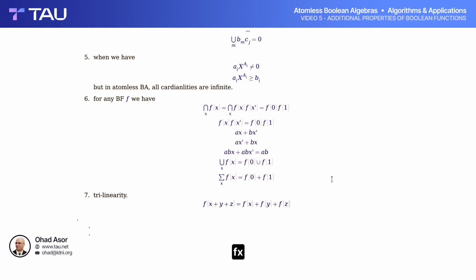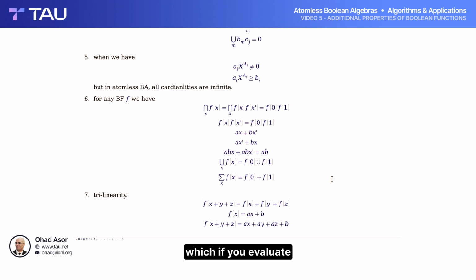Then f(x plus y plus z) equals ax plus ay plus az, and if you evaluate this, you will see that b is added with itself twice. When it is added with itself twice, it becomes 0. When it is added for the third time, it reappears again. So it's very easy to see that this equals this.